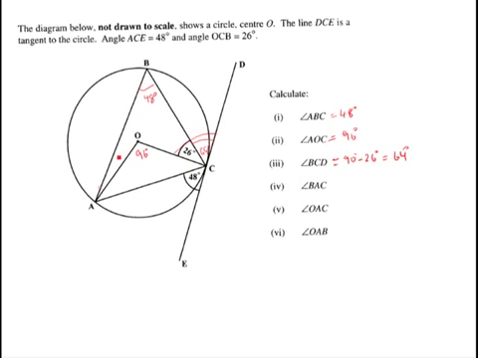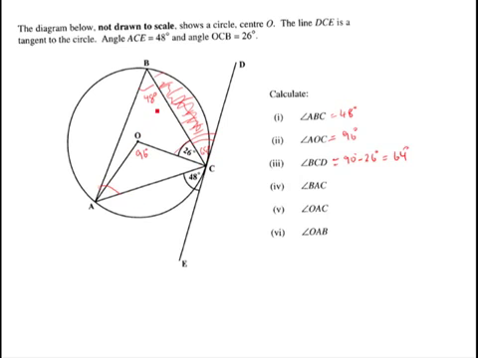Now BAC, this angle right here, is what? Well, if you look at it, this is chord BC. Looking at this segment here, the angle in the minor segment is 64 degrees. And so the angle that this chord subtends at the circumference is equal to the angle between the same chord and the tangent in the minor segment, of 64 degrees.